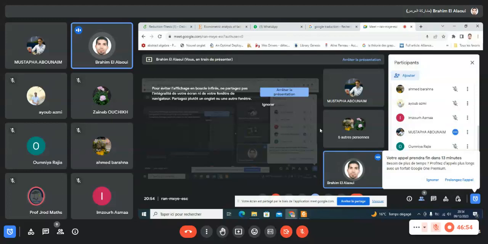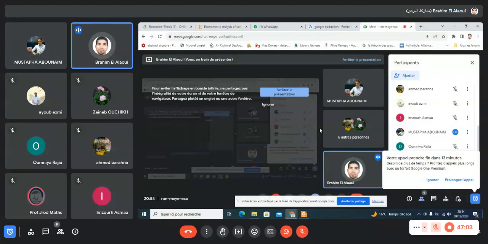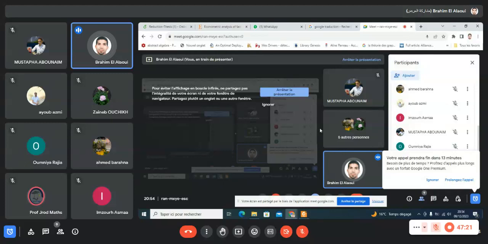The purpose of this presentation is to respect the principles of a conference presentation. And what about the number of slides? I said that you have between 10 minutes and 50 minutes for the presentation, so you have to balance between your slides and the allowed time. Is there any other question?